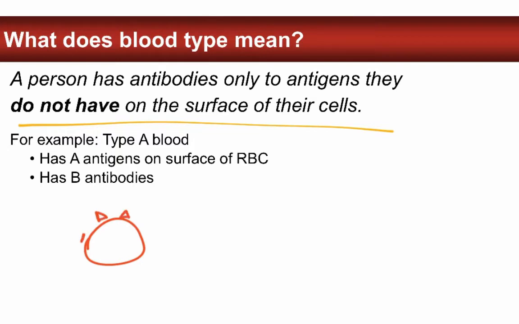Let me draw a little triangle because it's kind of like an A. For reasons that people did not understand for a really long time, this person is going to make antibodies that will fit the B blood antigen.